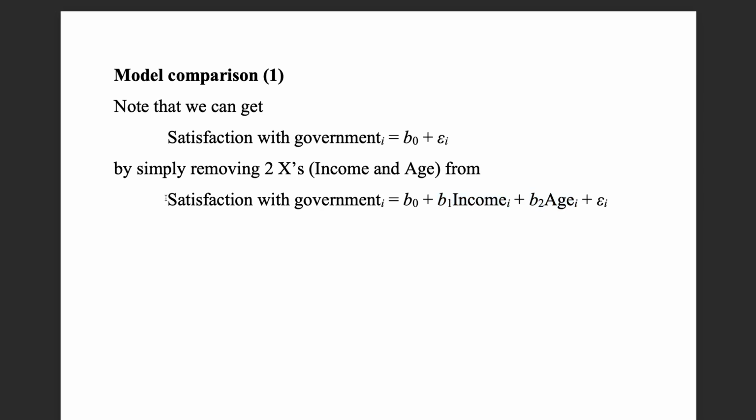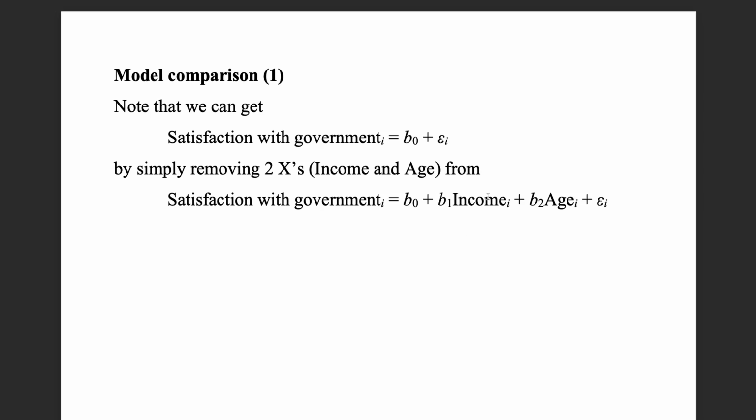Or if we start from the perspective of looking at this model, we could say, well, we can get from this model to this more simple model by taking out B1 times income and B2 times age. If you just remove those two parts of the model, then we are left with this more simple model, which is basically the same thing as saying that we would assume B1 to be of the value 0 and B2 to be of the value 0, because again, if we multiply something by 0 in the equation, then it becomes 0, whatever is coming out, and we can just drop it from the equation.